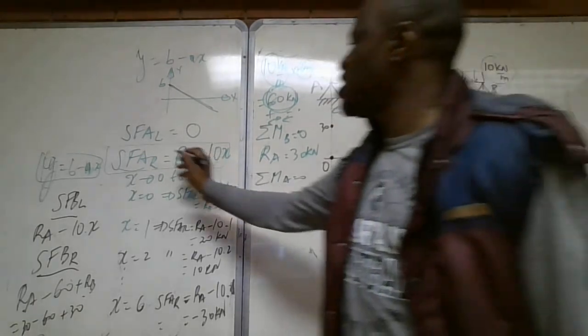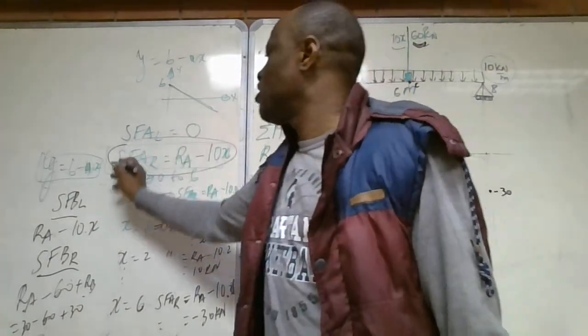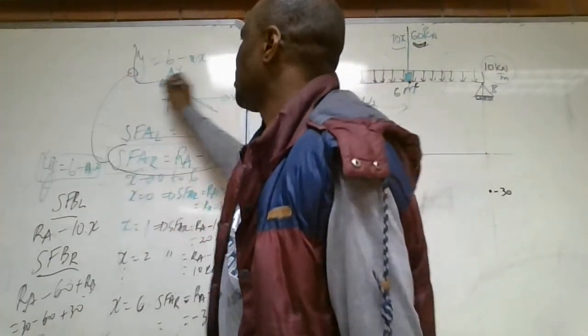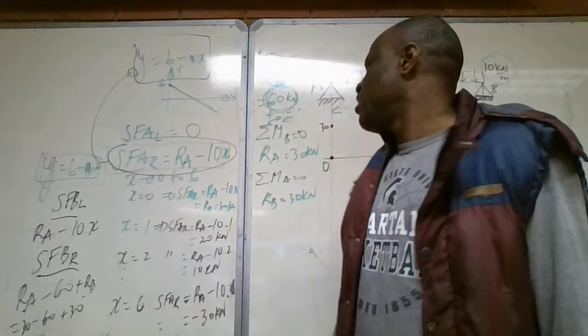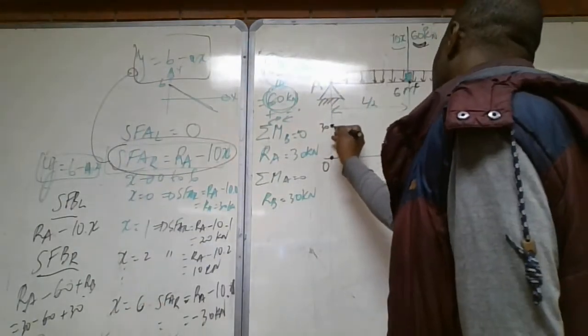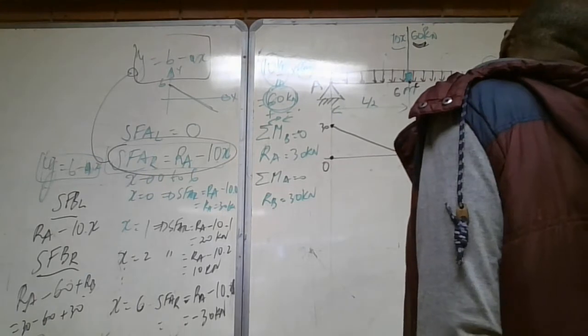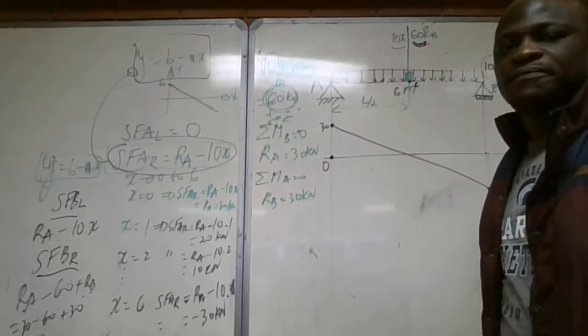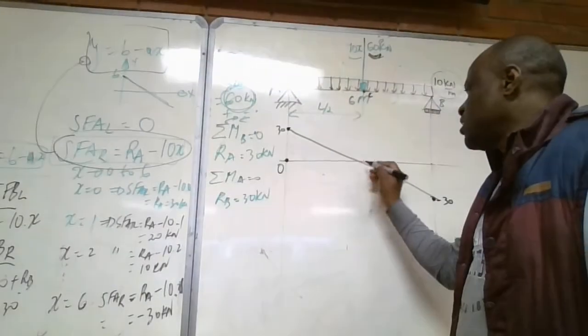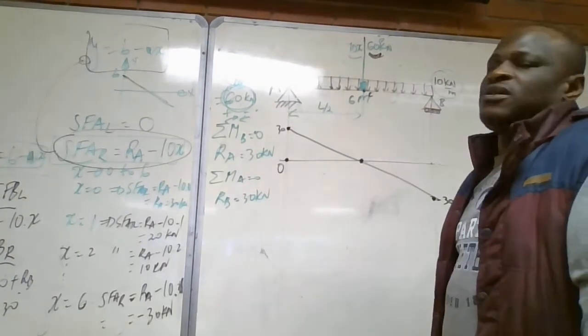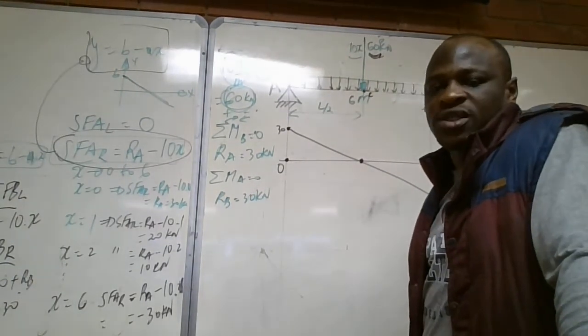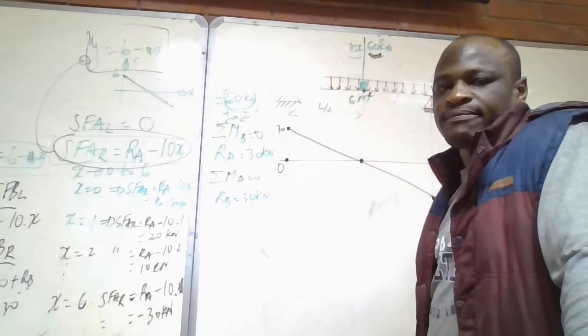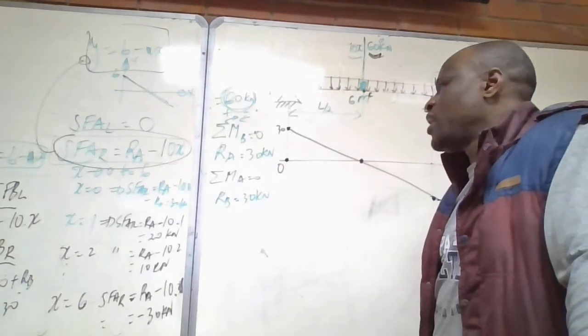And because this is a mathematical function, we all know that it will be a linear function and then a straight line up to minus 30. And here there's this shear force that crosses the 0 line.